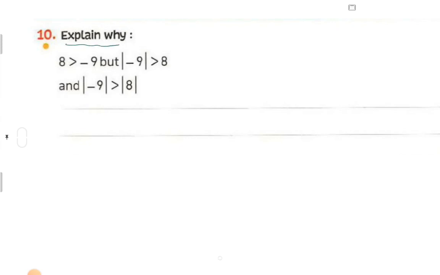Question 10, explain why. He said that 8 greater than -9. Okay, but absolute value of -9 greater than 8. Take it step by step. First, number 1, 8 greater than -9. That's right, because it's positive and -9 is negative. Number 2, he said that absolute value of -9 greater than 8.